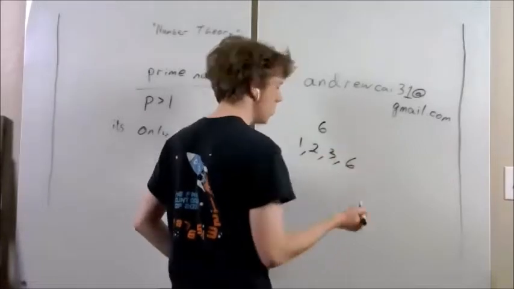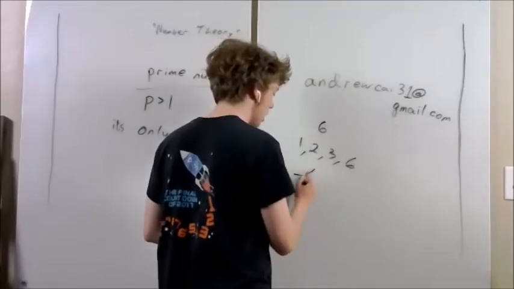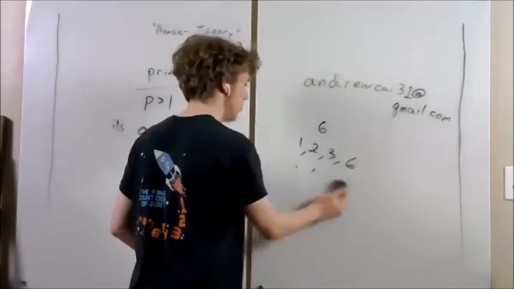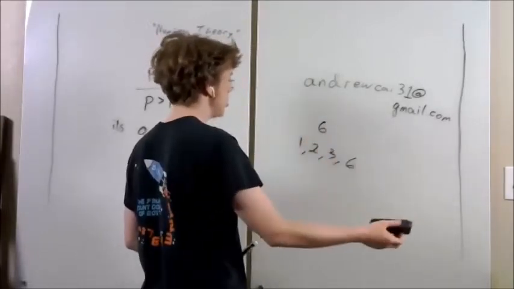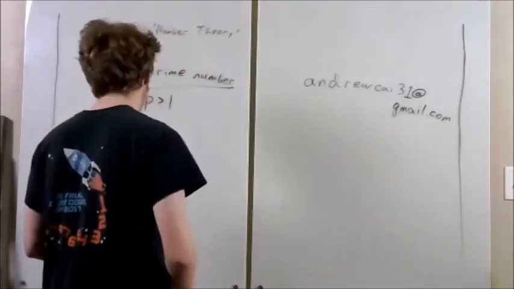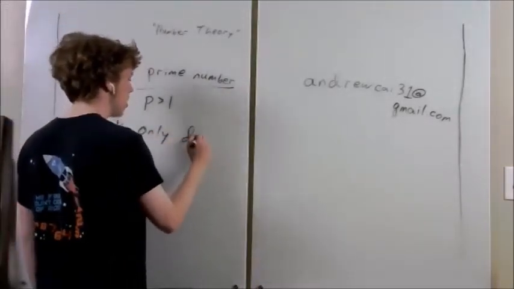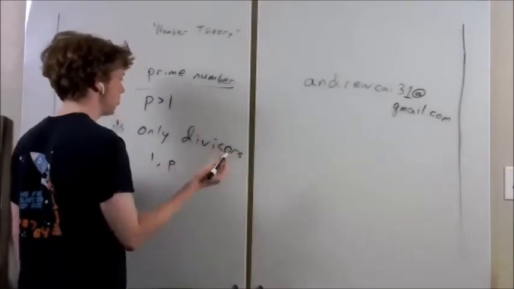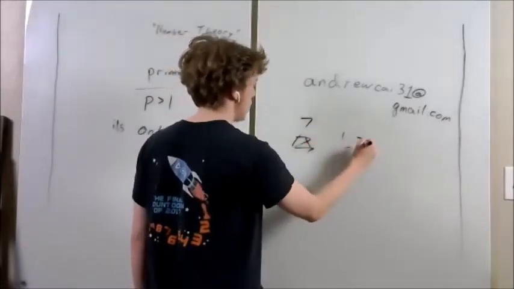For our purposes, and for 99% of the world, you can assume you're not counting -1, -2, etc. These are the divisors of 6, because 6 divided by 1 is an integer, 6 divided by 2 is an integer, but 4 isn't a divisor of 6 because 6 divided by 4 isn't an integer. So when I say divisor, I mean positive divisor. So a prime number is when its only divisors are 1 and itself. So 7 is a prime number because its only divisors are 1 and 7.